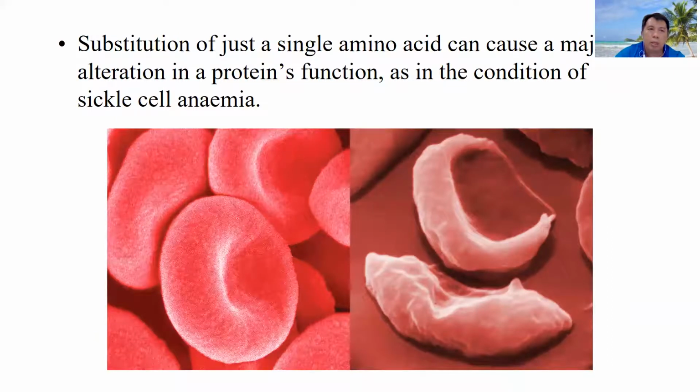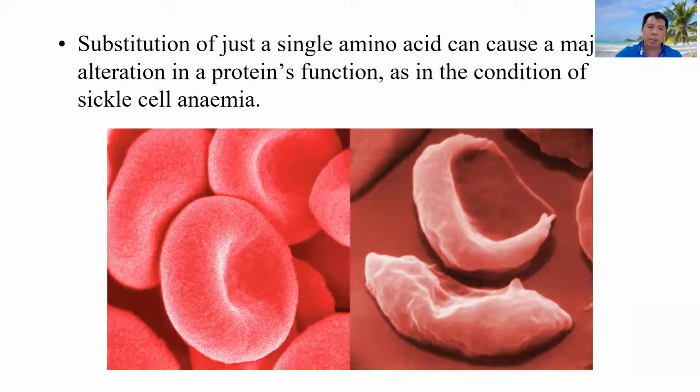If there is one amino acid change, a substitution of just a single amino acid in the polypeptide chain of hemoglobin, it can cause a major alteration of the protein function. It changes the protein conformation, the three-dimensional shape first. Once the 3D shape of the protein changes, the protein function changes as well.